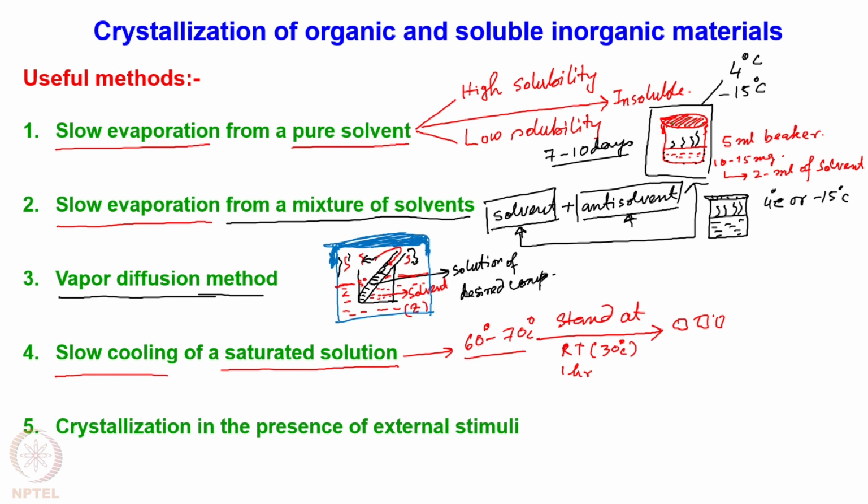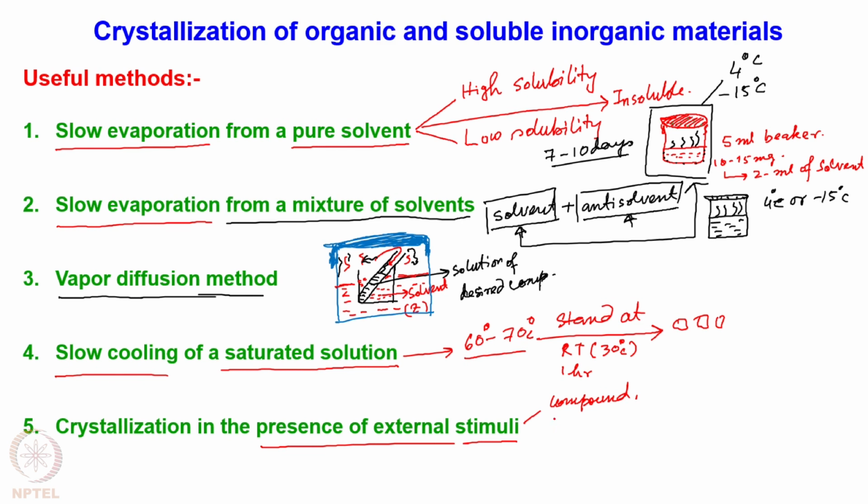One of the recently applied methods of crystallization is in the presence of external stimuli. These external stimuli can be of different types. This external stimuli can be a compound. The crystals of a compound which does not dissolve in your crystallization solution can be dropped in the solution as a surface on which the crystallization can take place, otherwise the crystals may not be growing.